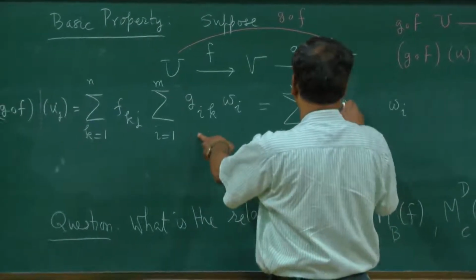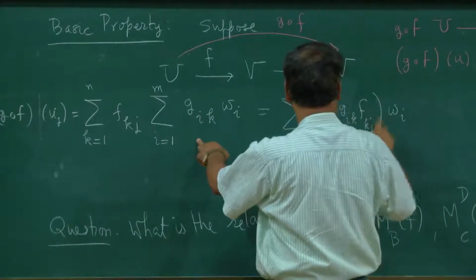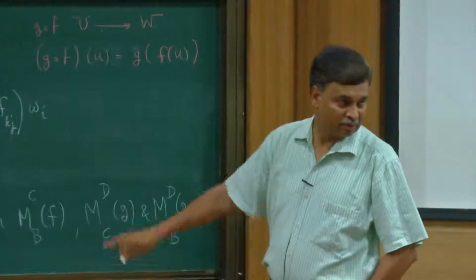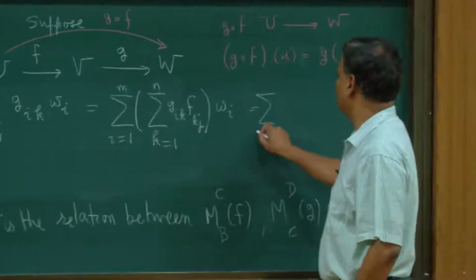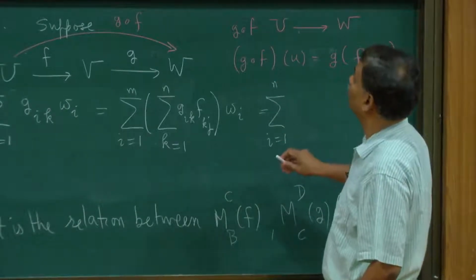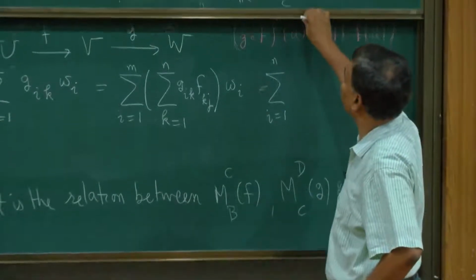Let me write it like G I K F K J. Maybe I can give a short name to the matrix.